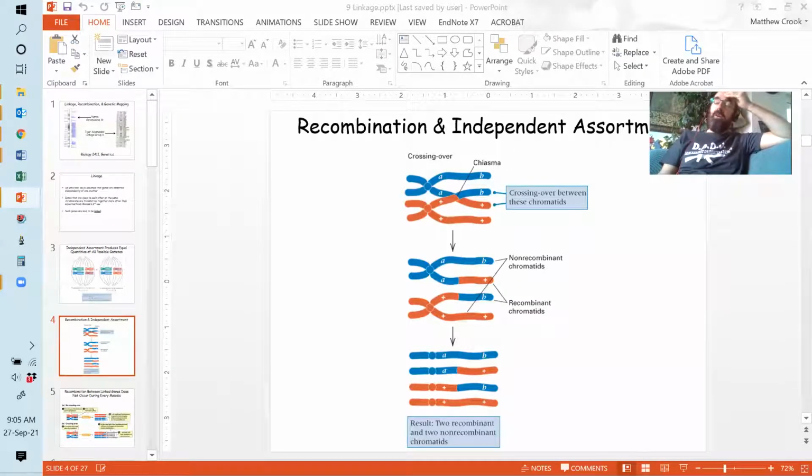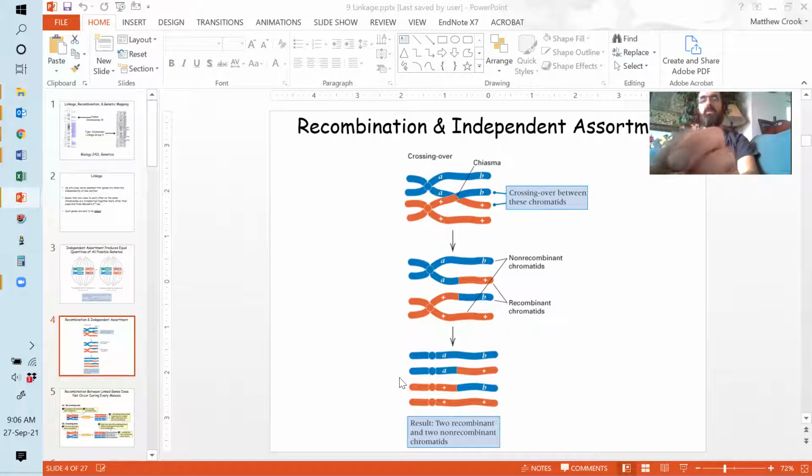And that is, recombination frequency is proportional to how far apart two different loci or genes are. Further apart they are, the more likely recombination will occur. The closer they are, the less likely it will occur, because recombination is random.